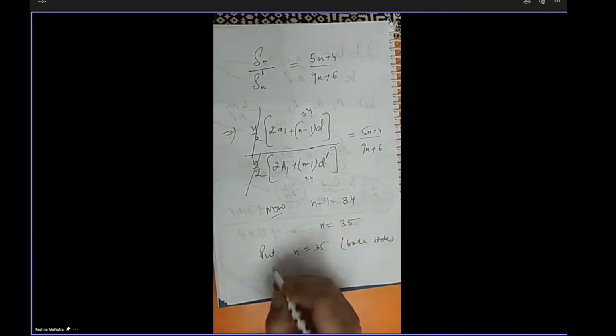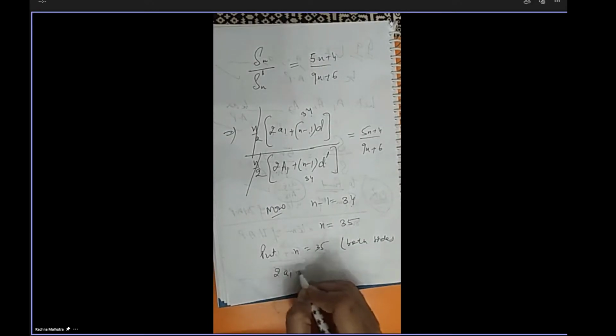If you make changes in the LHS, you have to make changes in the RHS also. So you can see 2a1 plus 35 minus 1, that is 34d, over 2 capital A1 plus 34d dash, and this is 5 into 35 plus 4 over 9 into 35 plus 6.